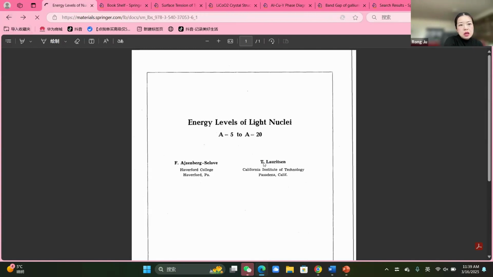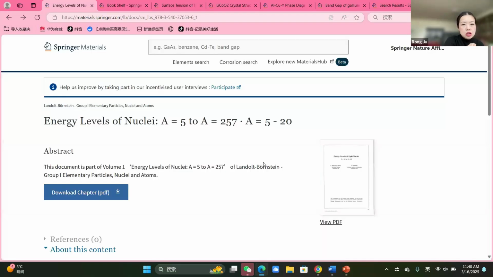So what our editors did, I mean the editors for this book series, is they will invite the leading scientists in this field. These scientists, they will review all the publications, the articles published, not just by Springer Nature, by any publishers on this topic.